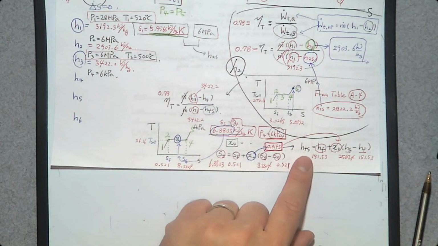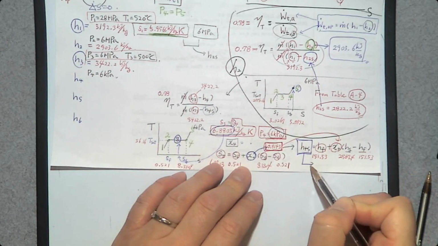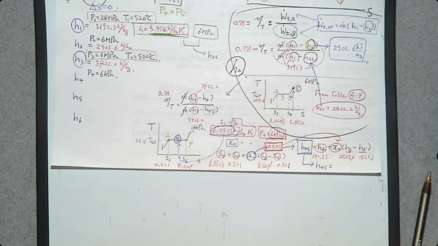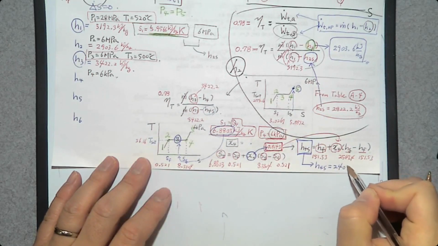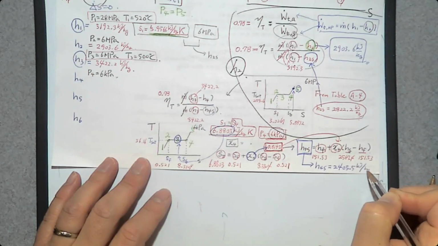So we can determine H4S. H4S is 2405.5 kilojoule per kilogram.